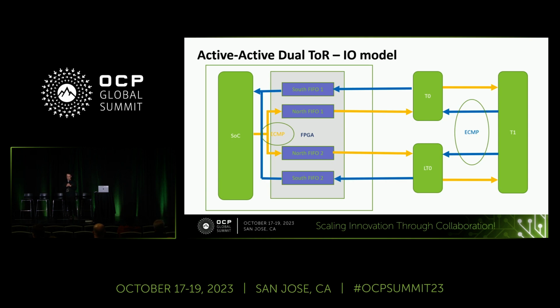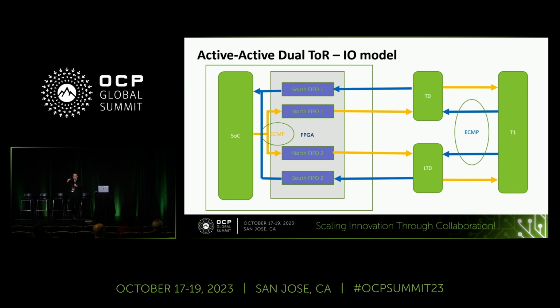So they both can know whether the peer is still alive and kicking. Right, so that is a very, very important part. And the second important part, I touched base on a little bit earlier already. In order to make sure that the T0 and the server have the same view of those links in terms of forwarding status, we do need the NIC side or server side to have a special entity. In today's Microsoft solution, we have a SoC on the server side hosting a gRPC server, and both T0s will establish gRPC connections to the SoC and tell the SoC to control the FPGA forwarding status.